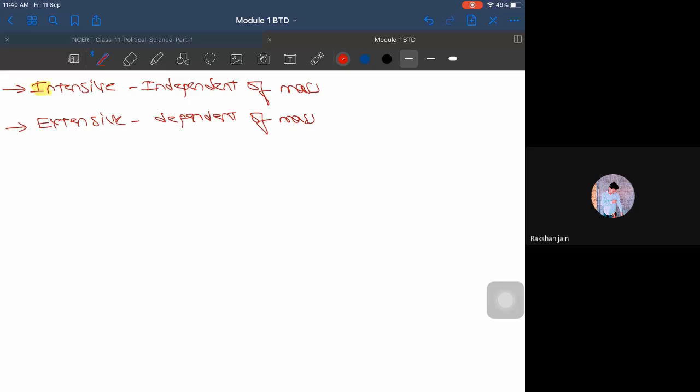For example, can you say a few examples just by understanding the concepts of intensive and extensive? I will give you a few examples now. Initially, energy. Energy definitely depends upon the mass of the system. If the mass content varies, definitely the energy will vary.